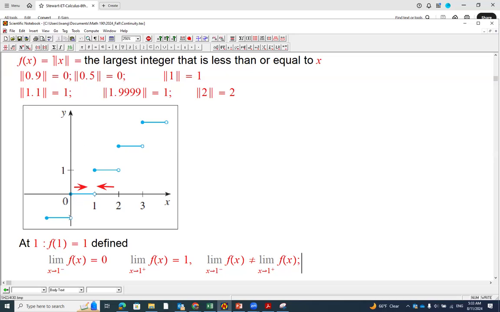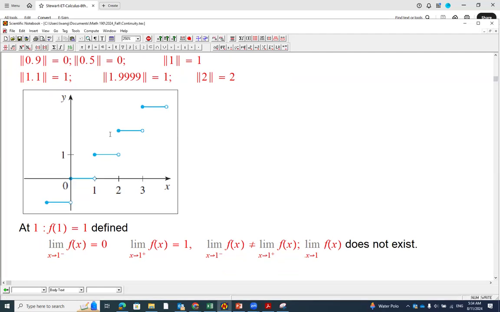That means the limit of the function at 1 does not exist, right? At this point, do we need to check further? No, we don't need to check further. We're just making the case. The first condition is satisfied, the second condition is not satisfied, and we don't need to go ahead and check the third condition. That's what I meant. So no need to check the third condition. We can just draw the conclusion.